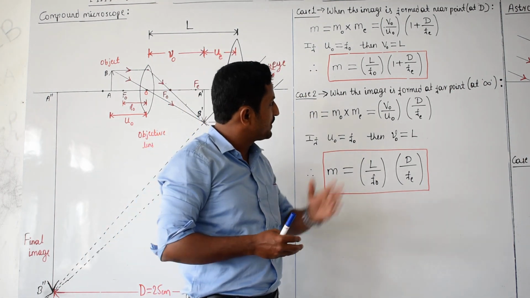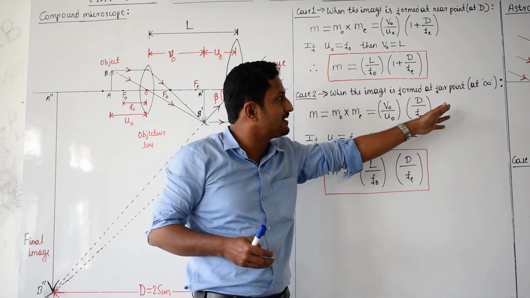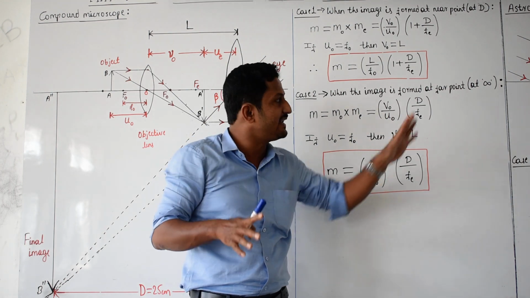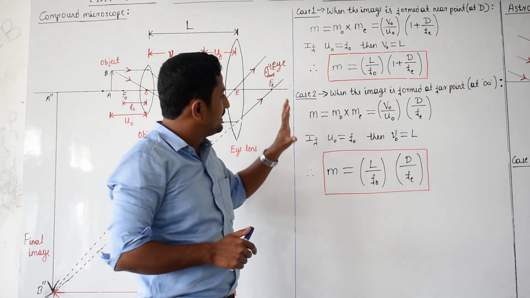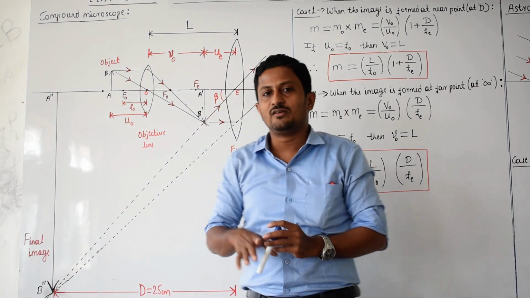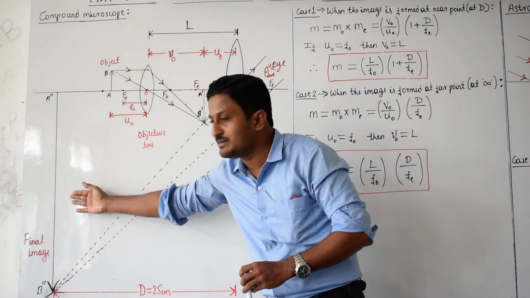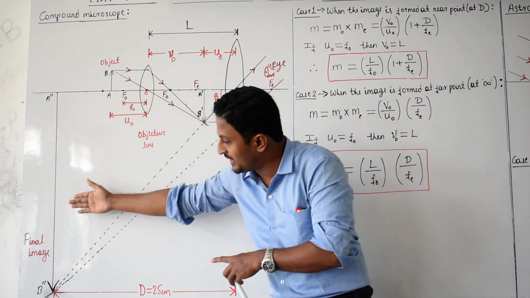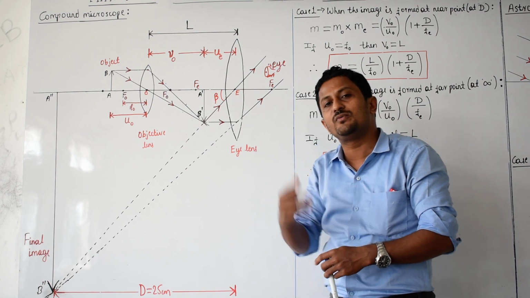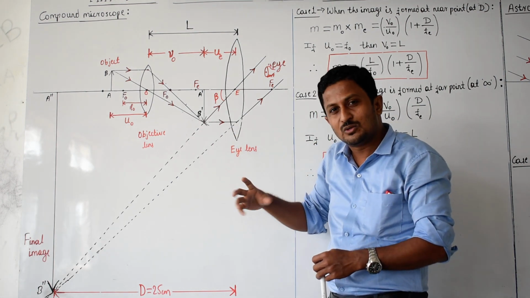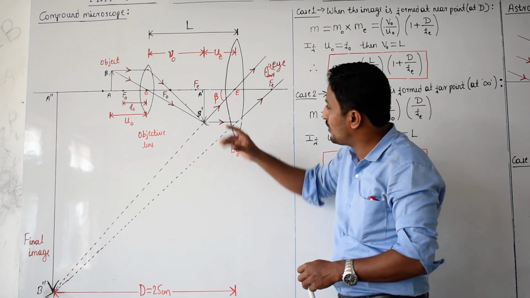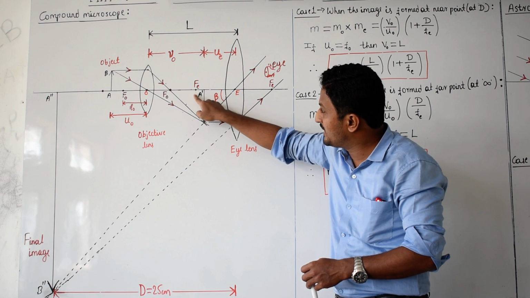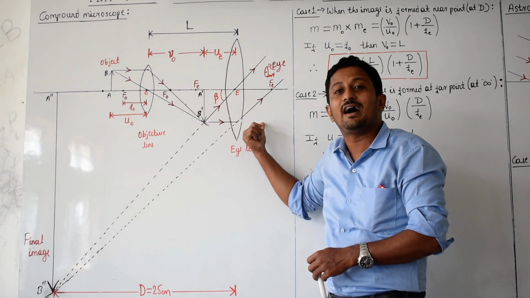In the second case, the image is formed at the far point of the eye, which is infinity. Look here. We have to treat this final image as being at infinity. To get this final image at infinity, what do we have to do? We have to take this A dash B dash at the principal focus point of the eye lens.